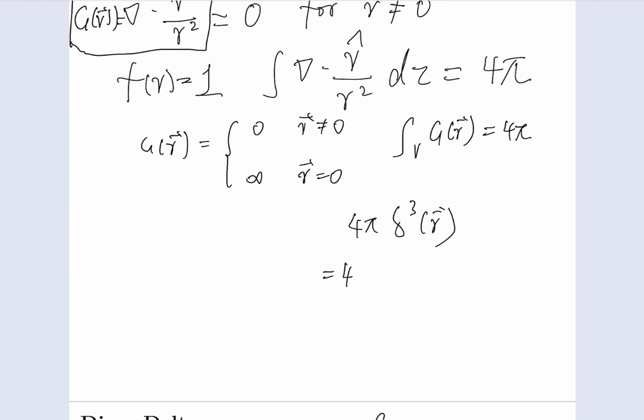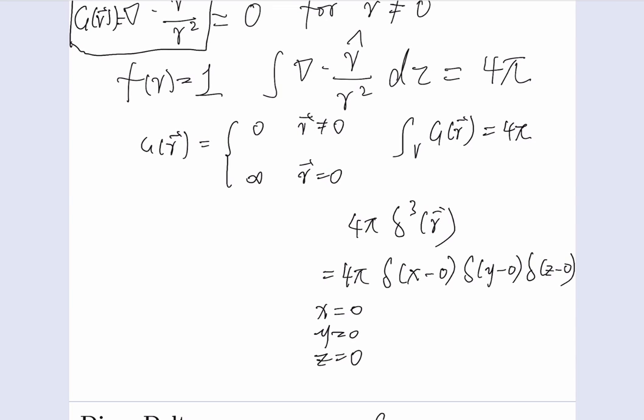You can also write it out in terms of delta x minus 0, delta y minus 0, delta z minus 0. So really you have to let x, y, and z all go to 0, then you get an infinite value here.